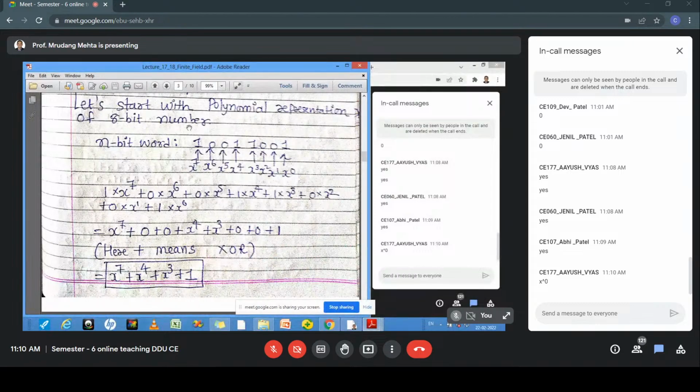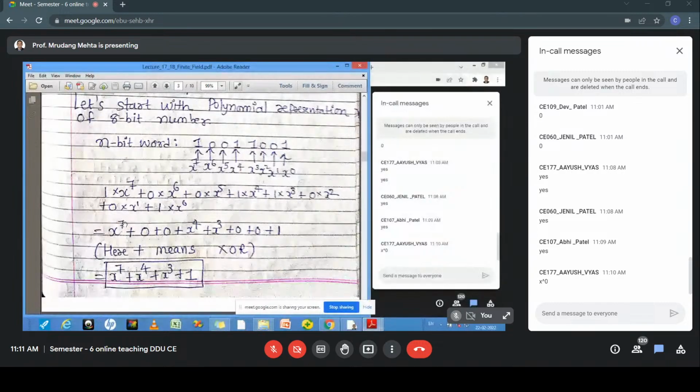So here what we do, we multiply each bit with the exponent because we want a polynomial, right? So yes, Ayush, very good. So 1x raised to 7 plus 0x raised to 6 plus 0x raised to 5 plus 1x raised to 4 plus 1x raised to 3 plus 0x raised to 2 plus 0x raised to 1 plus 1x raised to 0.